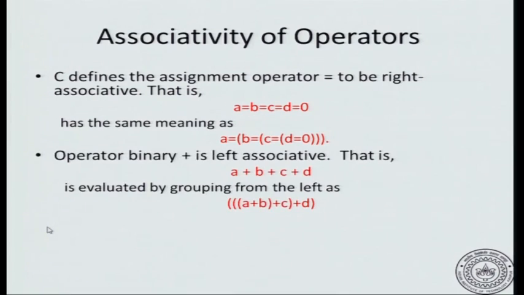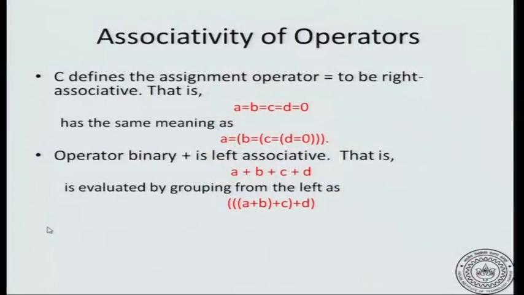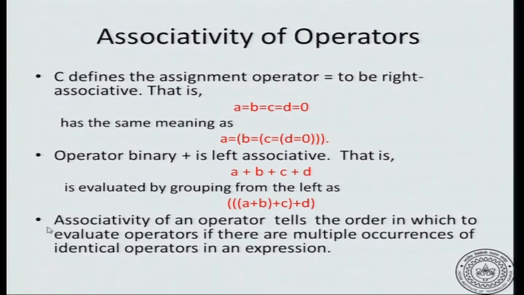On the other hand, if you take an operator like binary plus, the addition symbol, then the usual custom is that you parenthesize from left to right. So the evaluation is done a plus b first, then that sum is added to c, then that is added to d. The assignment operation goes right to left, the addition symbol operates left to right.